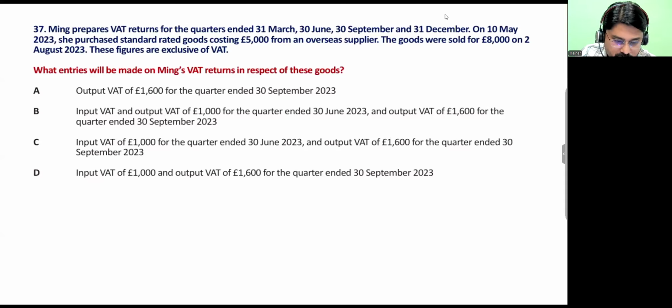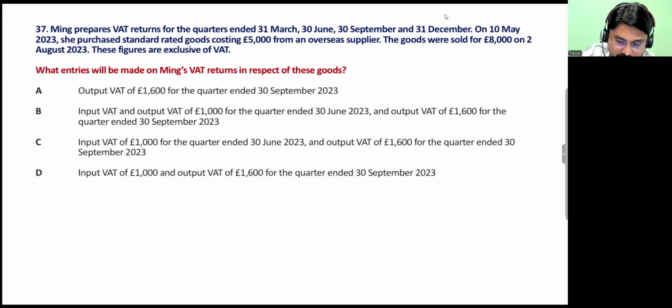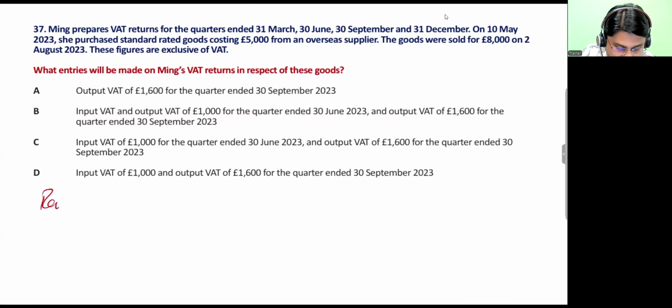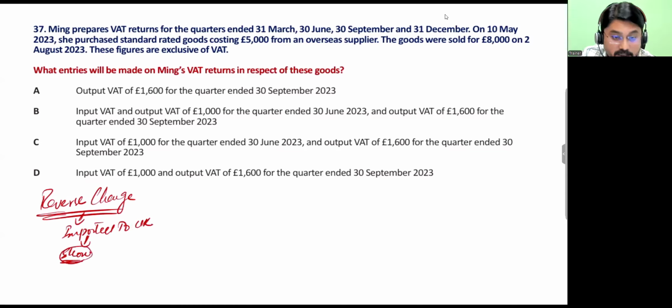This question is asked from VAT and a concept named reverse charge is examined. Reverse charge mechanism. Reverse charge says that when goods are imported to UK, then show, I'm highlighting this word, show the input VAT, output VAT, and claim the same input VAT.